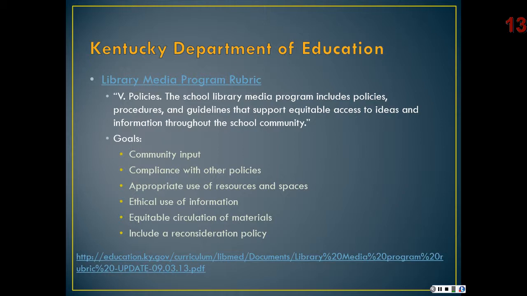That's one of the tenets of the ethics of librarianship, to make sure that we are guiding our users to use information ethically. It should also establish procedures for the equitable circulation of library materials and reflect appropriate uses of library spaces and resources.